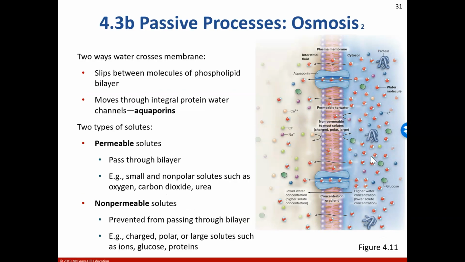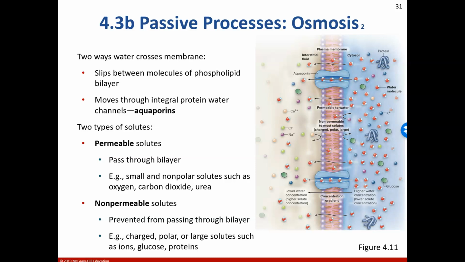So here we have two ways in which water is crossing the membrane. It can slip between the molecules of our phospholipid bilayer, or it can move through these special channels known as aquaporins. These are integral protein water channels. And we have two types of solutes.